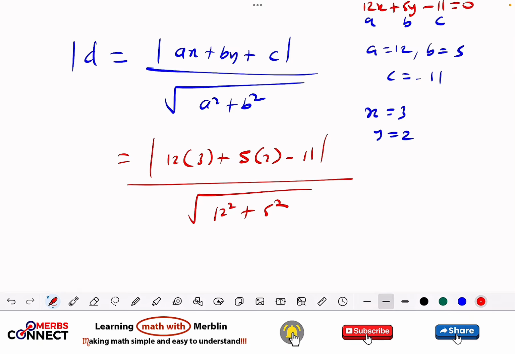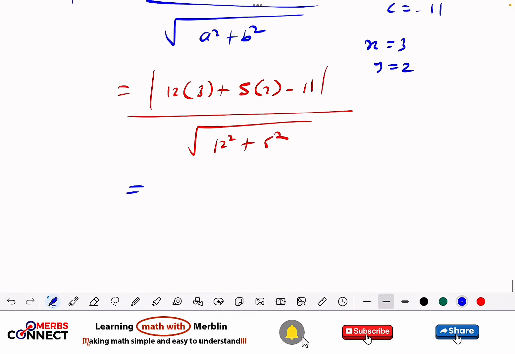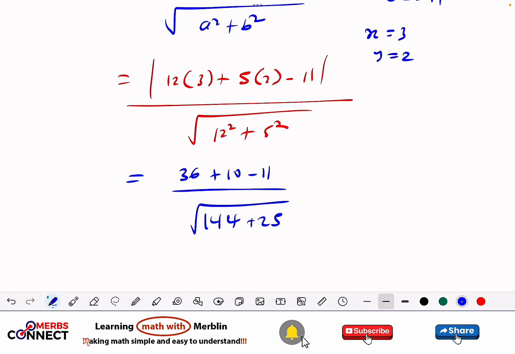So let's see what we are going to get from here. Let me see the answer given. Okay, so this is going to give us 12 times 3, which is 36, plus 10 minus 11, divided by the square root of 144 plus 25.